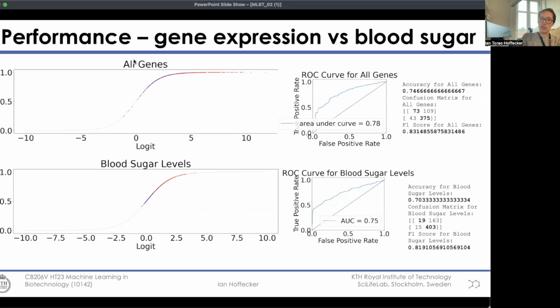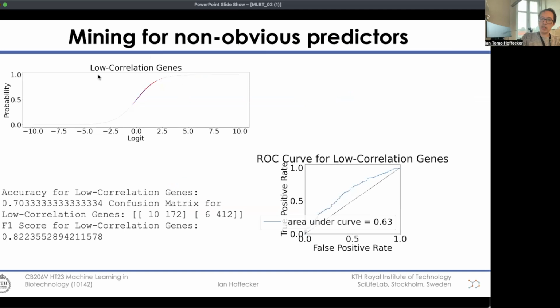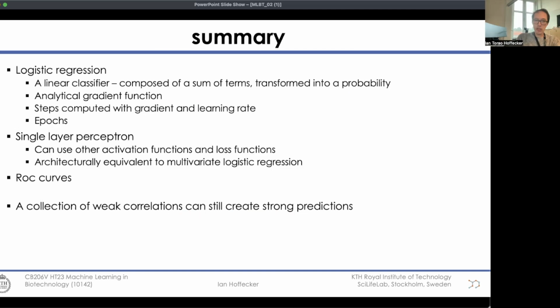So you might ask, why go through all the trouble of looking at these genes when you can just measure the blood sugar, and that gives you the same information? And so the answer might be, well, you have some genes that have nothing to do with blood sugar level, but that also have some predictive capability. So we're getting a better model in the end this way. Very hypothetical situation.